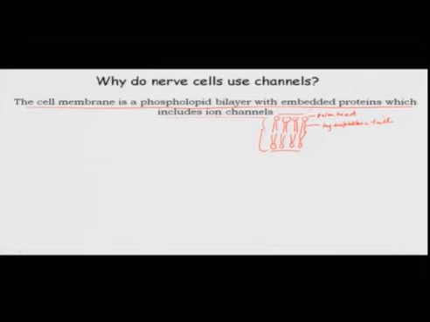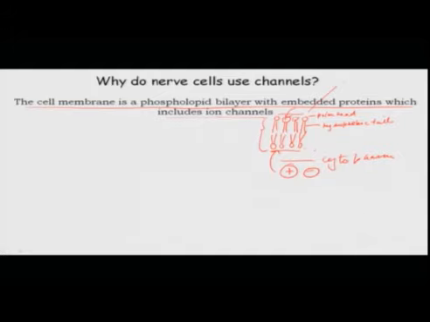So, if this is the external surface which is facing the extracellular fluid, and this is the cytoplasmic surface, then the polar heads are present towards each of these, while the interior of the membrane is all hydrophobic. So, this acts as a barrier and normally does not allow any charged molecules to go through, right.